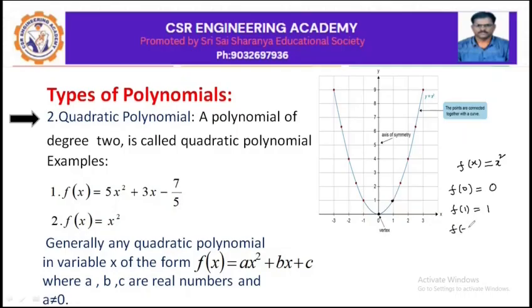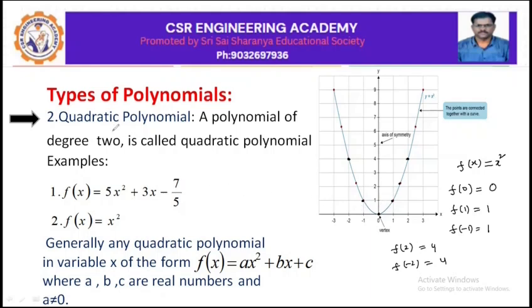F of minus 1 is equal to minus 1 whole squared, which is 1, so (minus 1, 1) is the third point. F of 2 is equal to 2 squared, which is 4, so (2, 4) is the fifth point. F of minus 2 is equal to 4, so (minus 2, 4) is the sixth point. Joining all these points, you will get a curve.